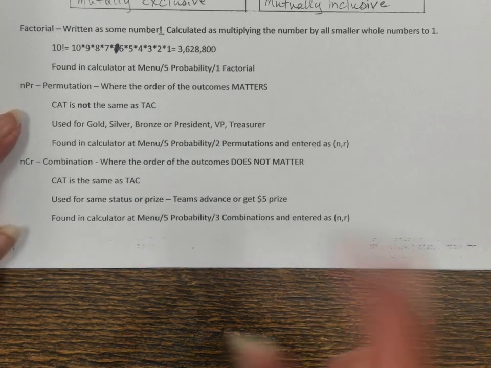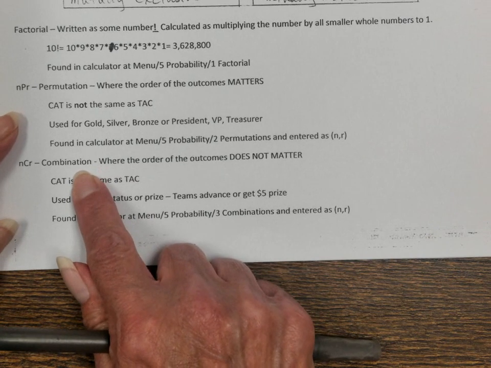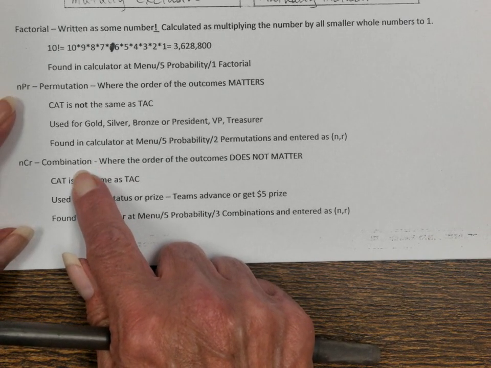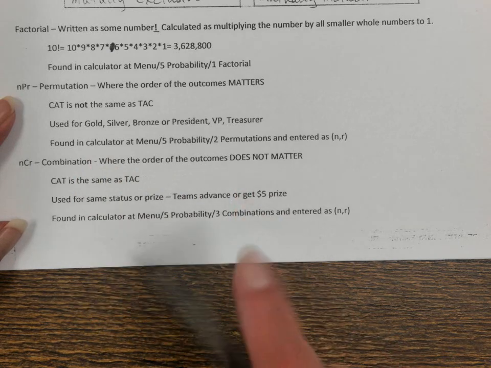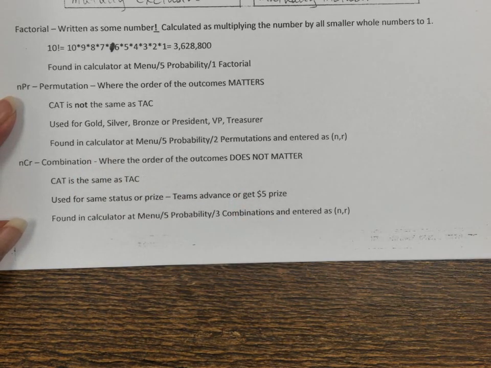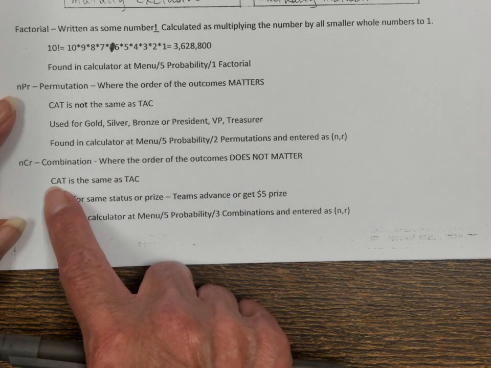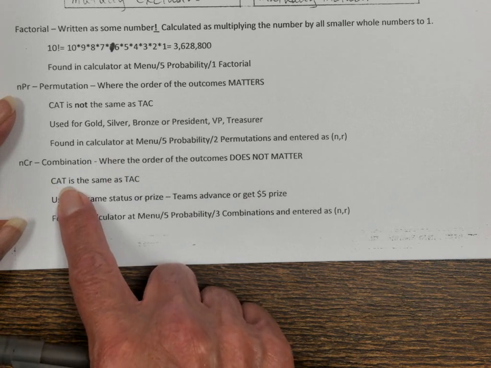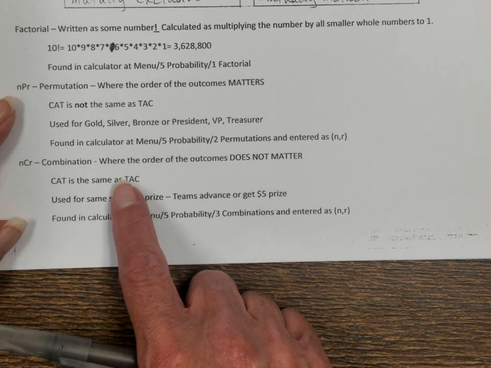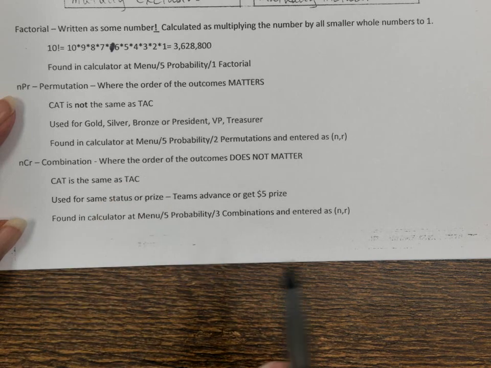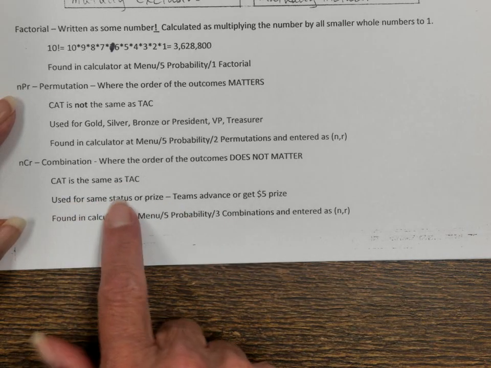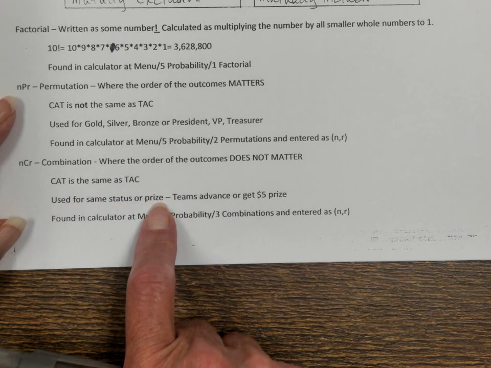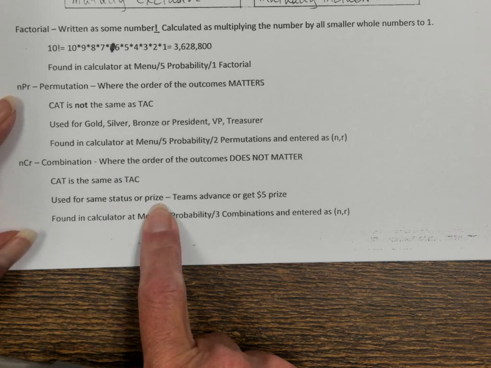Now then, the next way we can find a number of possible outcomes is through combination. And this is where the order of the outcomes does not matter, okay? Where ordering CAT is the same answer as TAC, okay? And it's used for the same status or the same prize level, okay?